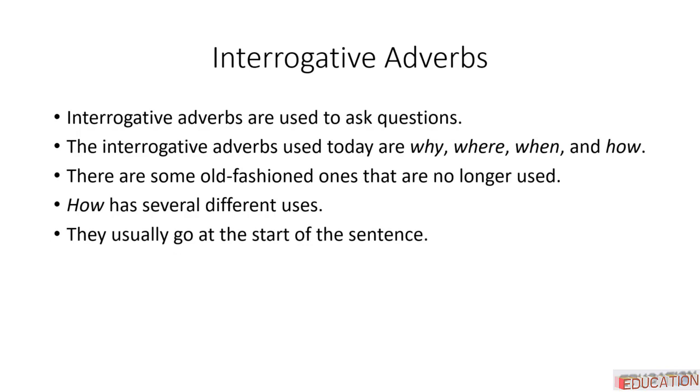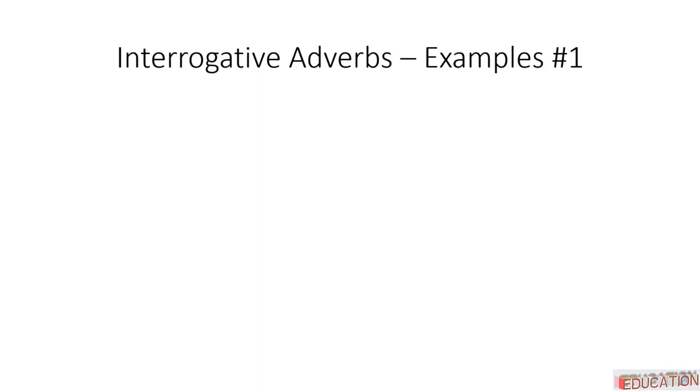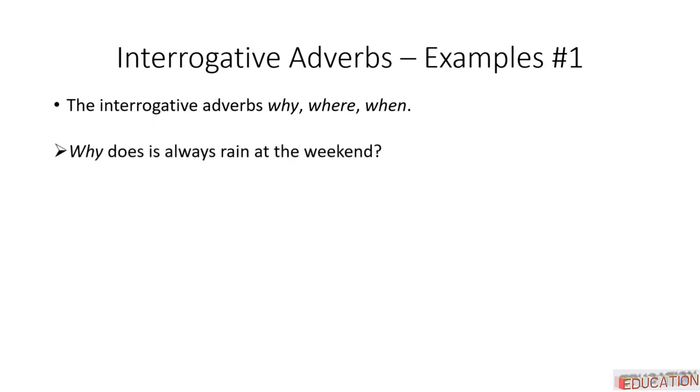These interrogative adverbs usually go at the start of the sentence. So if we look at the adverbs why, where, and when, why does it always rain at the weekend? Why is my sister dating that guy? And in all these examples, the adverb has been placed in italics to make it easier to see.